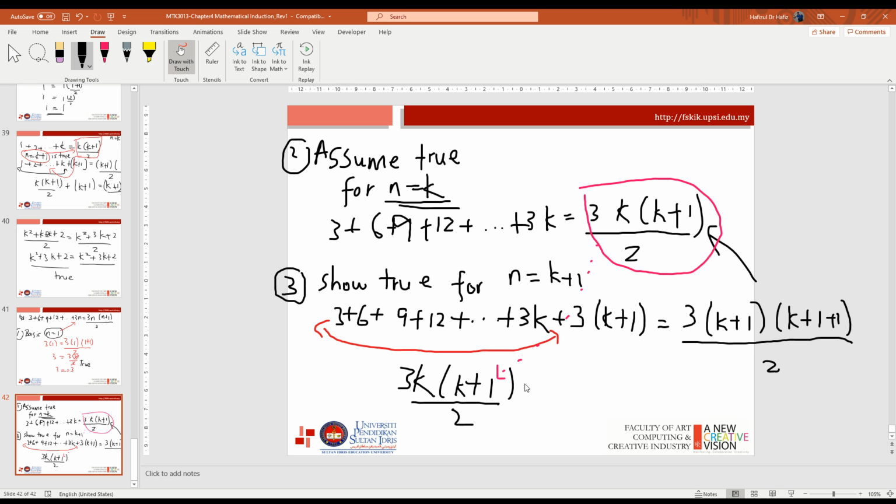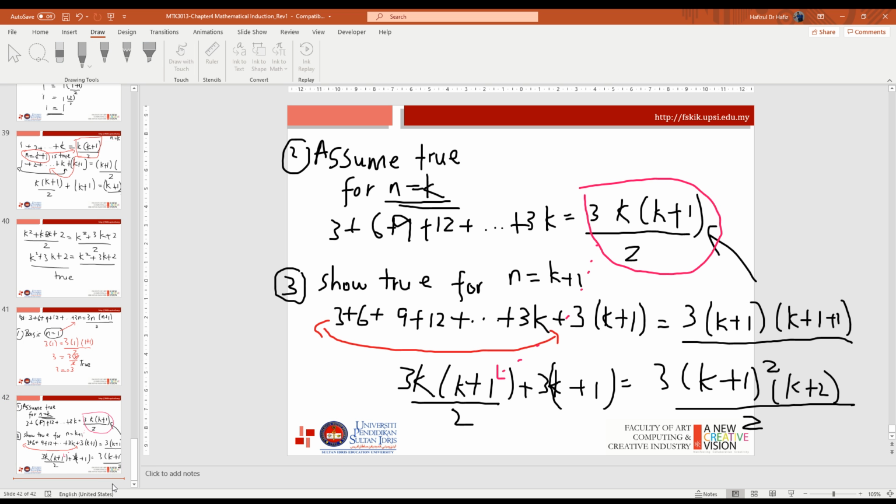Okay, kita ambil yang ni pula, plus 3(k plus 1), is equivalent to 3(k plus 1)(k plus 2) divided by 2.